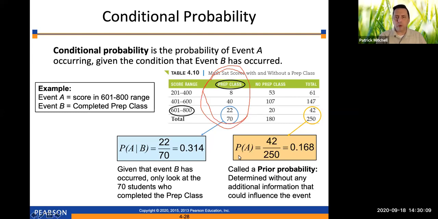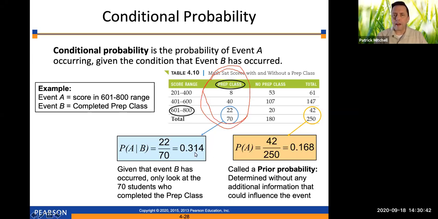Now, if we just found the probability of A, the probability that a student scored 601 to 800, that's called a prior probability. It's determined without any additional information that could influence the event. So notice that the probability of A is 42 students scored 601 to 800 out of 250 students total. 42 out of 250 comes out to 0.168.